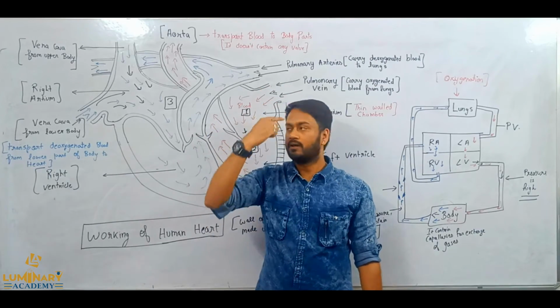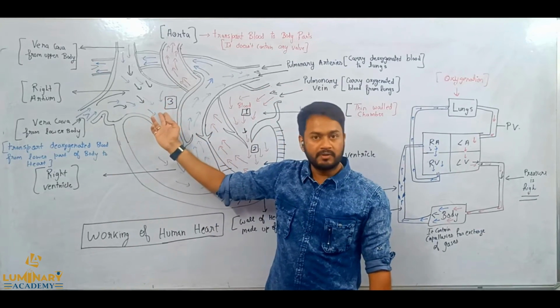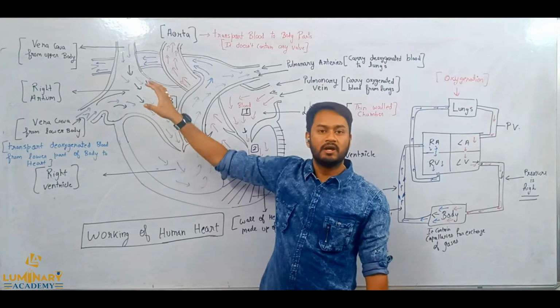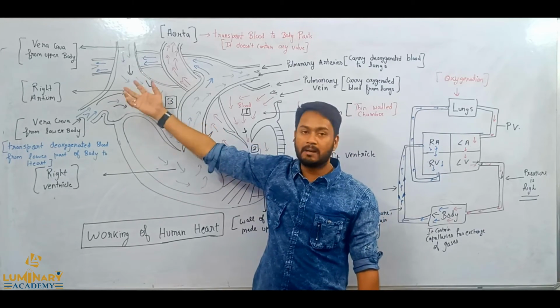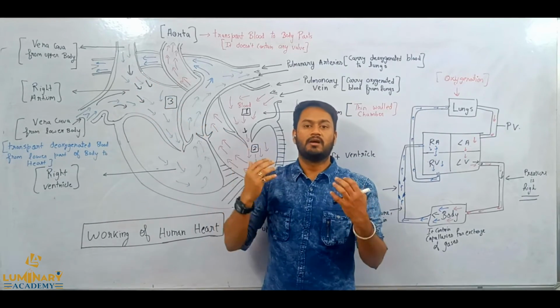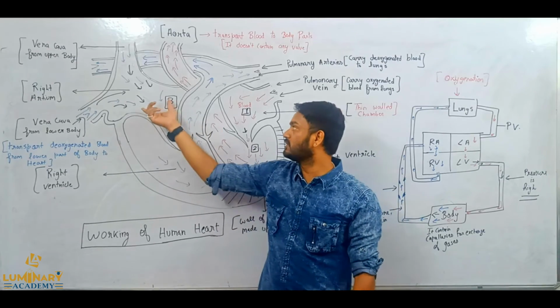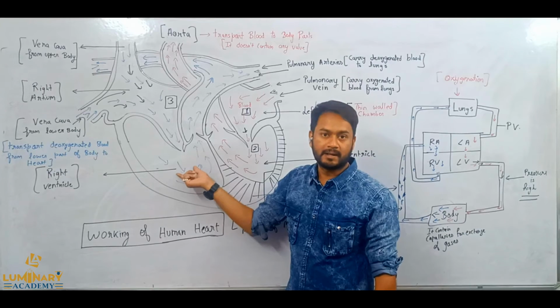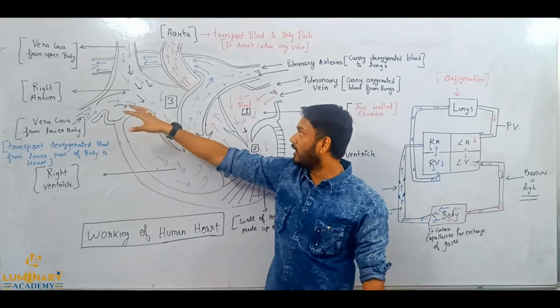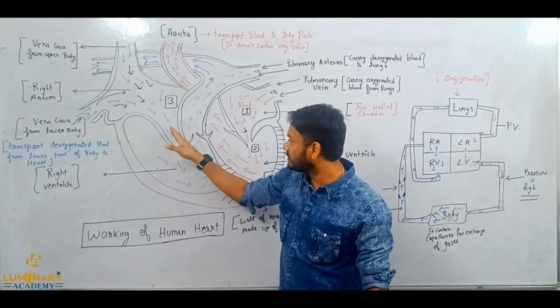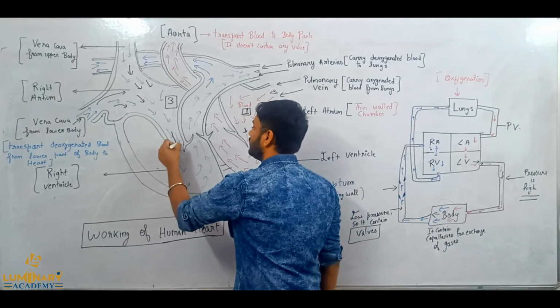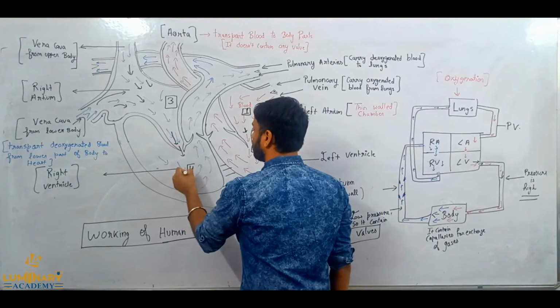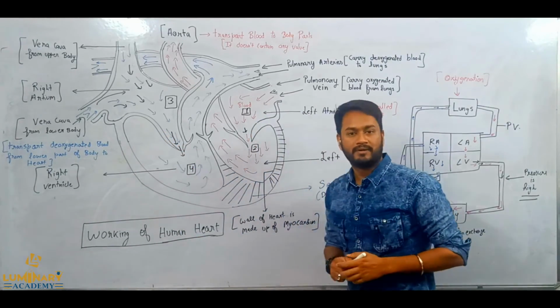So this is the third chamber. Again the same process: when it relaxes, it is storing the blood here, and when this relaxes and this contracts, all the blood enters the fourth chamber.